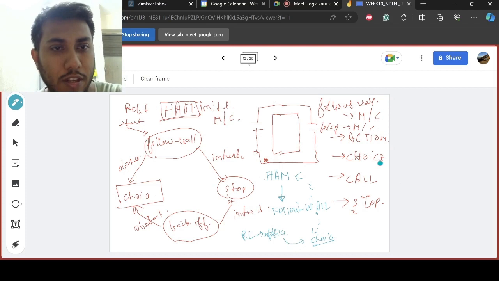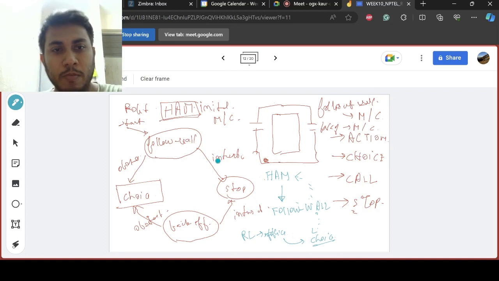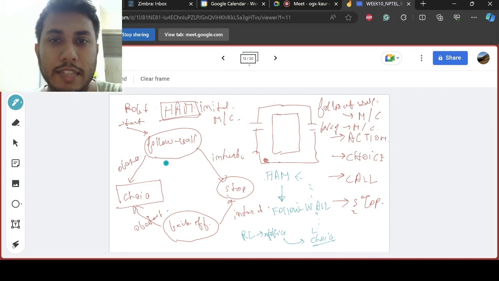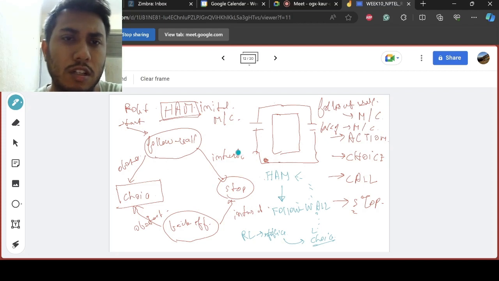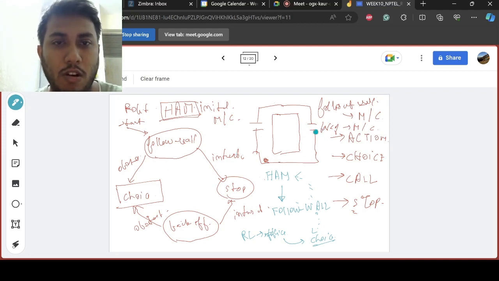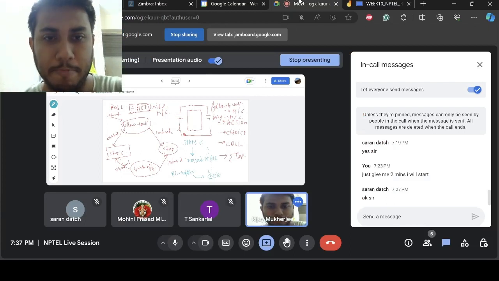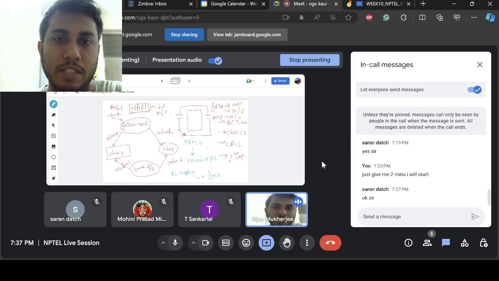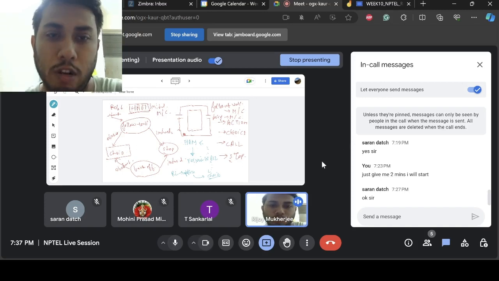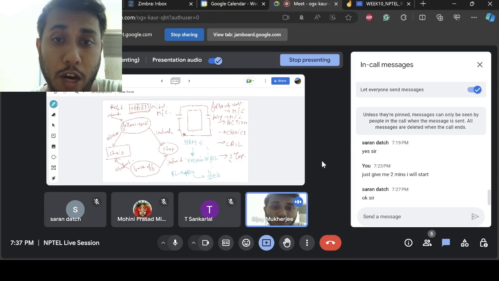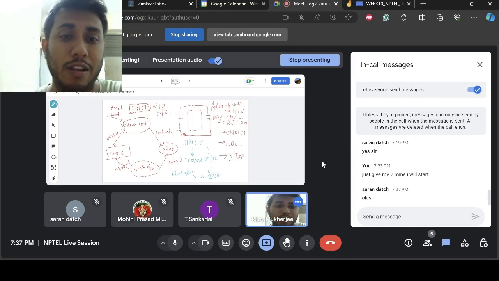So there are four states: action, call, choice, stop, and choice determines which state to go to. If it has found an obstruction, you can now follow the wall, or you can back off. These are the two things that can happen. The RL part in the choice determines it, and then it makes another call. If the choice determines that it will follow wall, it will call the follow wall machine. Else it will call the back off machine.